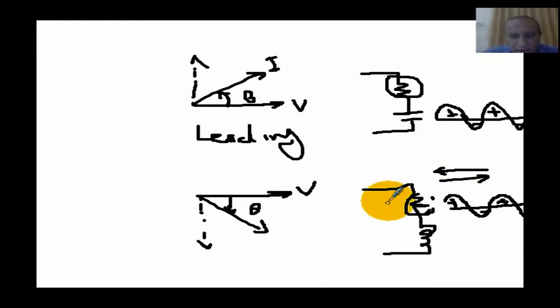Generally, in industry, we have more or less of this case, because most loads are inductive, like motors. That's why later on we'll talk about using capacitors to compensate for this reactive power, which is inductive, using a capacitor element, which consumes again reactive power, but capacitive reactive power.